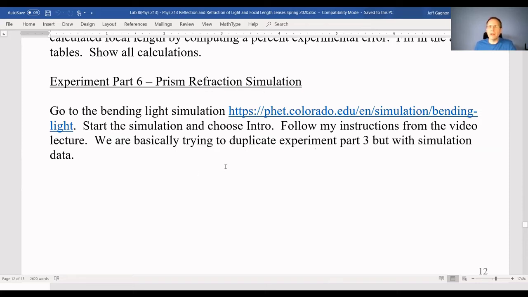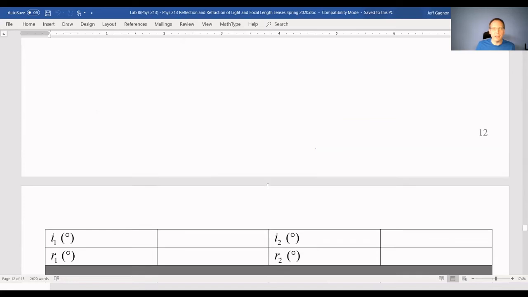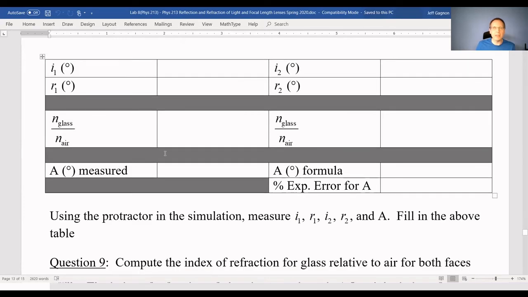This is very similar to what I actually collected in my video in terms of the prism, but I want you guys to do it using the simulation. Here's the link to the simulation, and let me bring that up and I'll show you how to do this part. It's basically going to be the same table that you had before, but now we're going to figure out what all these values should be.